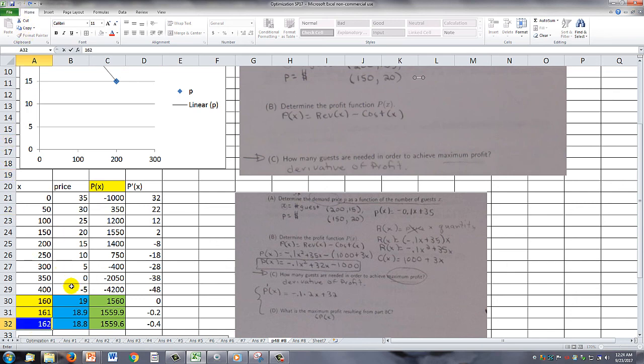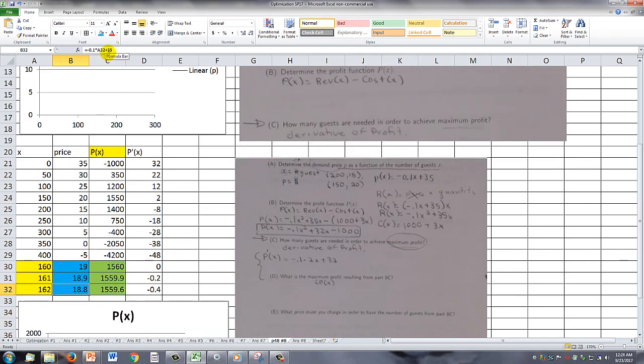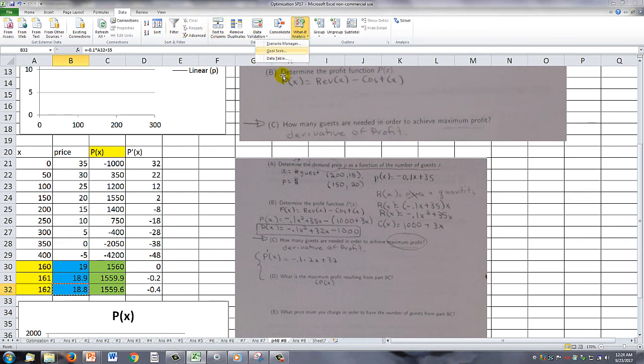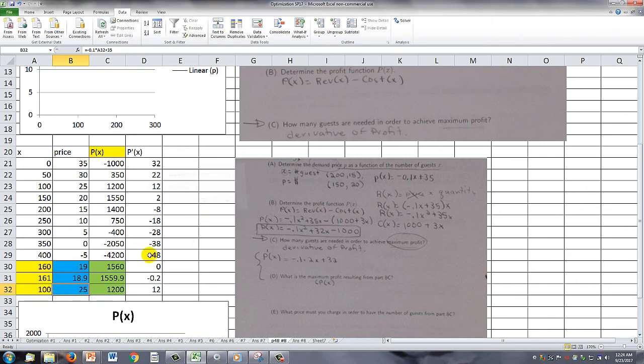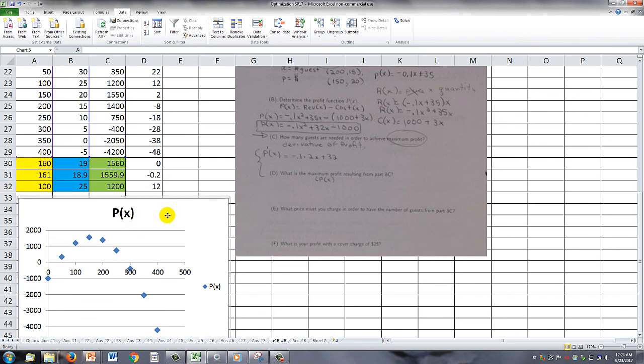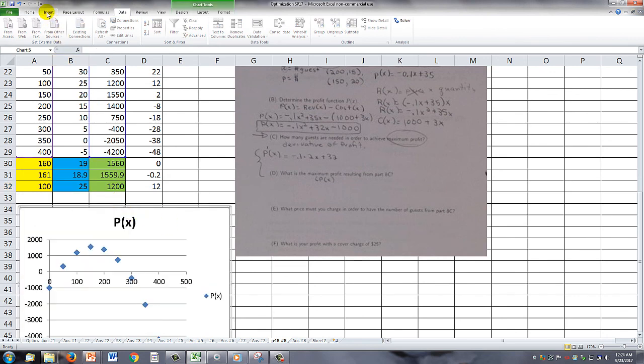We want to put 25 right here, but I can't just put 25 here because there's a formula in here. So I have to goal seek. So I'm going to goal seek the P column to 25 by changing the X column, and I get 100 guests, but not so fast.